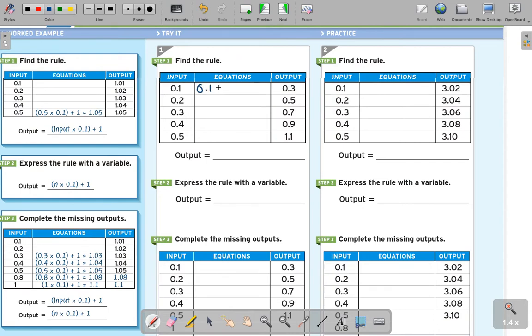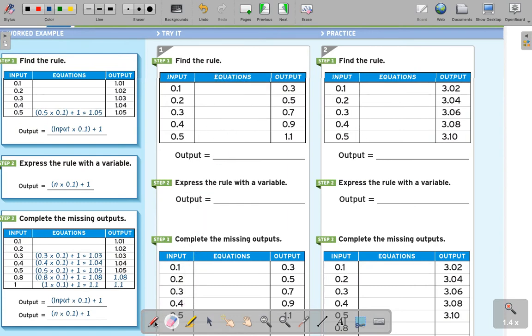I can take 1/10 and I can add 2/10 to it. That gives me 3/10. But it's got to work on every single problem. So I can take 2/10 and add another 2/10 to it like I did here above it. But that equals 4/10, not 5/10. So we can't just add 2/10 to it.